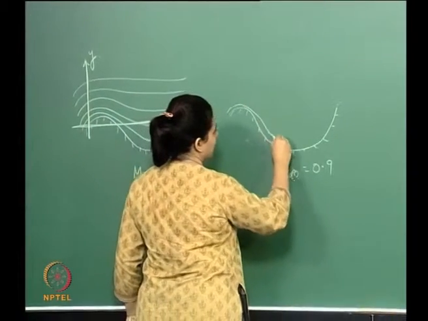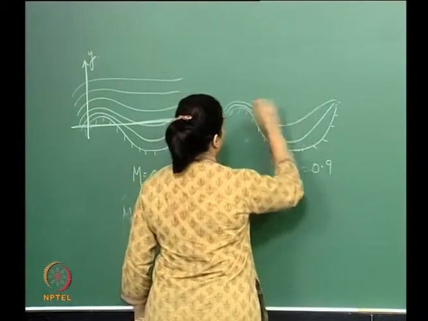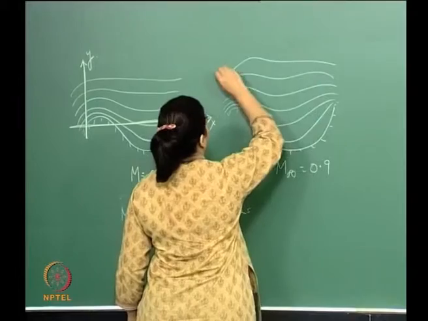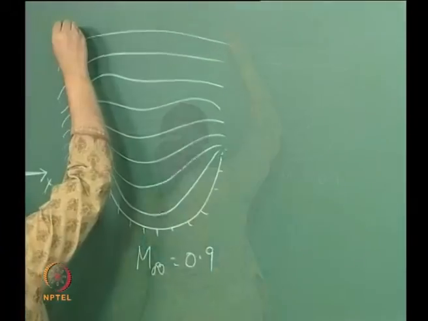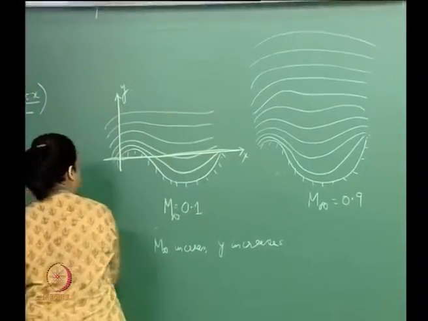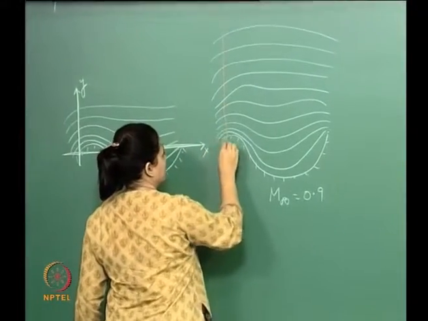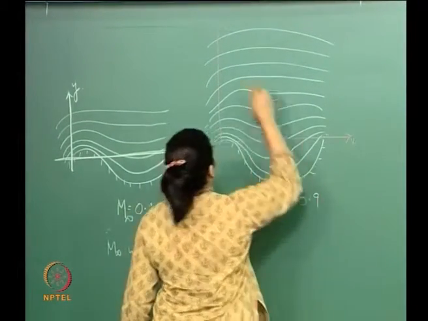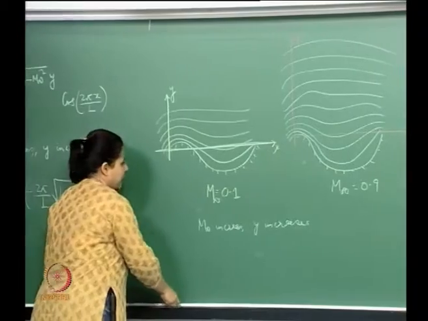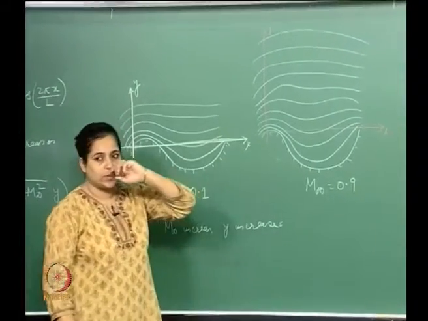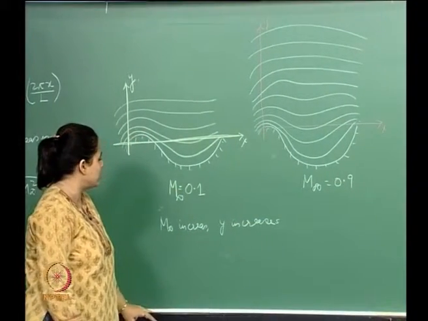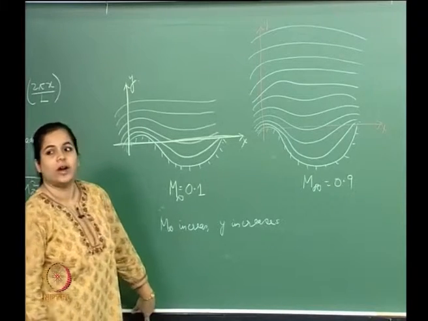What this means is that, essentially, for subsonic flows, as the Mach number increases, the disturbance also travels to a farther distance, right?